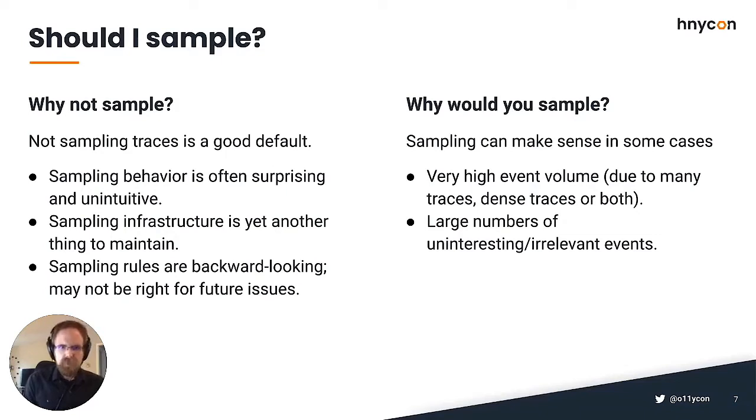And then finally, sampling configuration itself, like the decision of what to sample and how aggressively to sample it. Those decisions are, I'd argue, necessarily backward looking. You're looking at past incidents, past traffic patterns, and you're making a decision about what is interesting and what is not interesting, and tuning sampling rules to fit that conclusion.